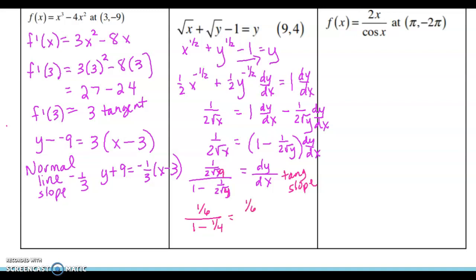So I get 1 over 6 over 3/4. Remember, you multiply by the reciprocal. And I always assume that you wouldn't have a calculator, so I'm going to reduce. So my tangent slope is 2 over 9.